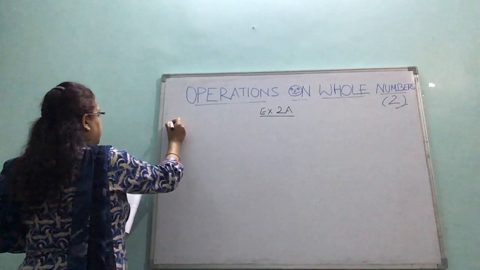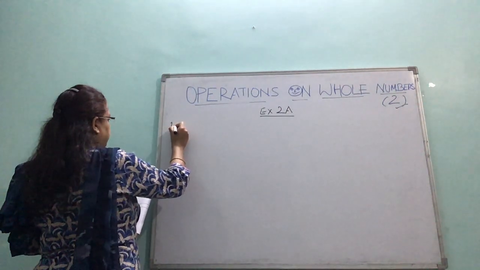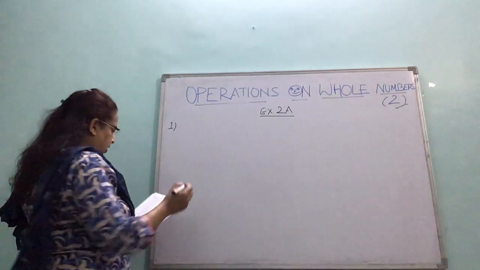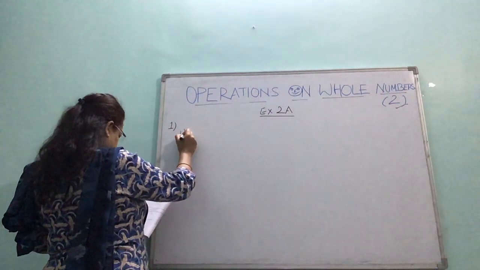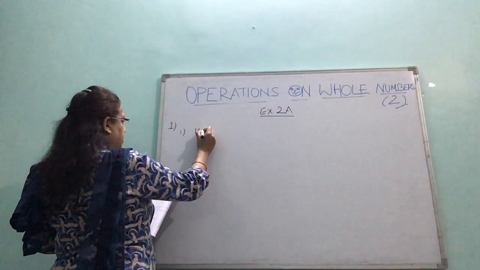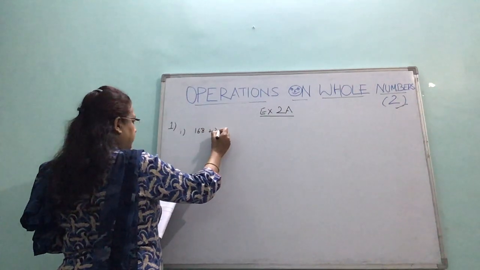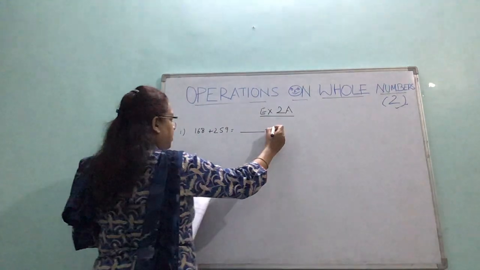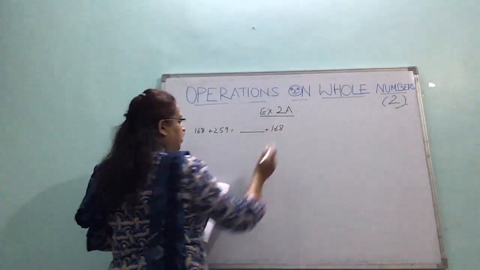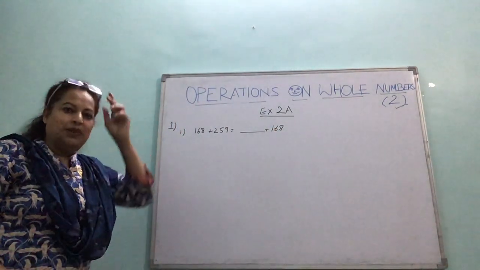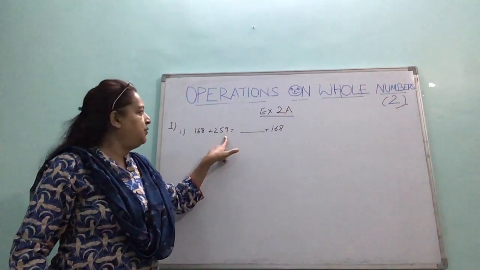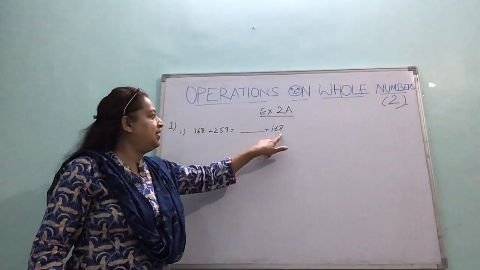Okay, so I am taking question number 1. It's fill in the blank, so it is a little oral actually. Okay, it is oral, children, definitely oral. By using the property which I have told, can anyone remember the property quickly? See, 168 plus 259 blank, 168.